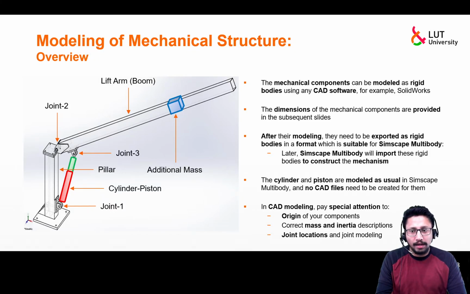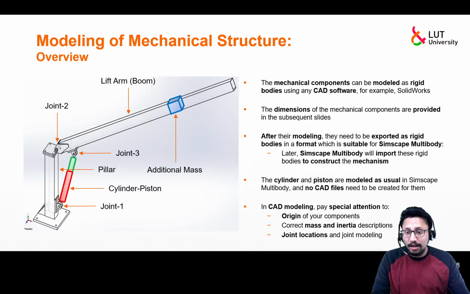So we will make all the components rigid bodies. This is point number one. Then point number two is that the dimensions of all these mechanical components are available to you in the subsequent slides. So we will just go through them in brief.